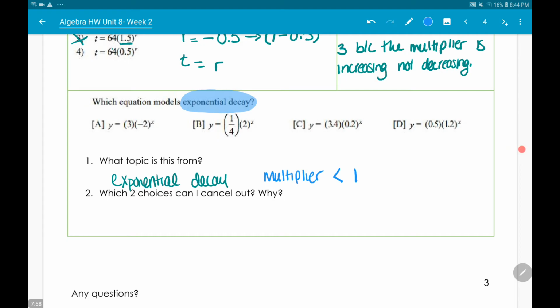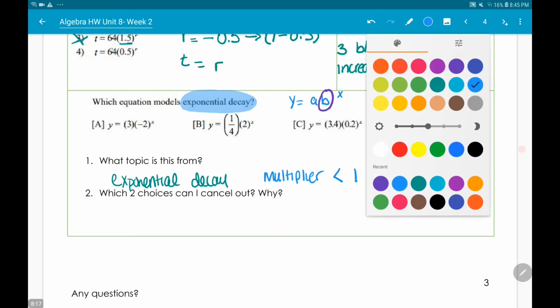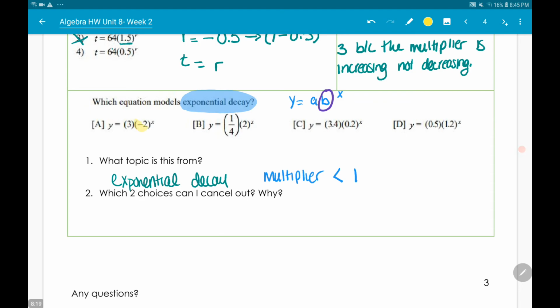Remember our multiplier, if we have y equals a b to the x, b is the multiplier. So let's look at all the b values. Let's go ahead and highlight some of them for us. So we'll have -2 here. We have 2 here. We have 0.2 here.